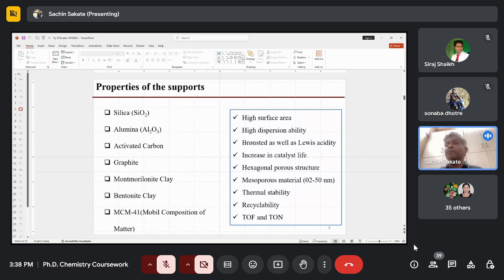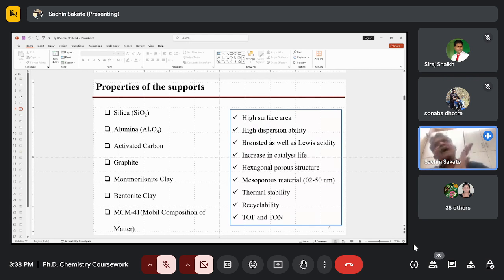Its textural properties we are tuning, its microscopic properties we are tuning. These supports have a very high surface area. As I have mentioned earlier, that is about 1200 meter square per gram to 1400 meter square per gram.